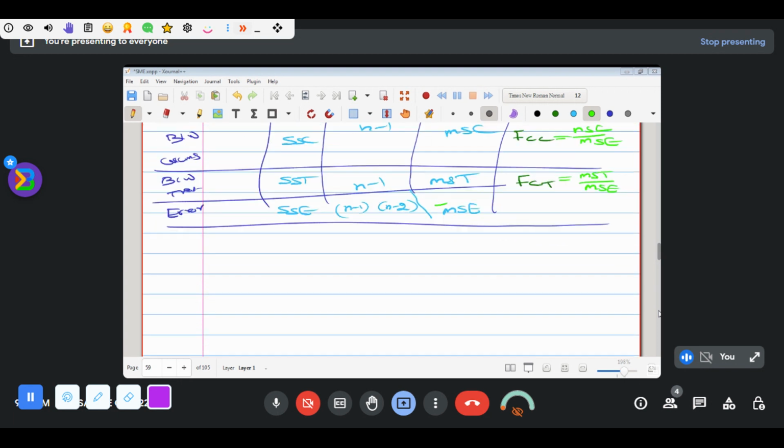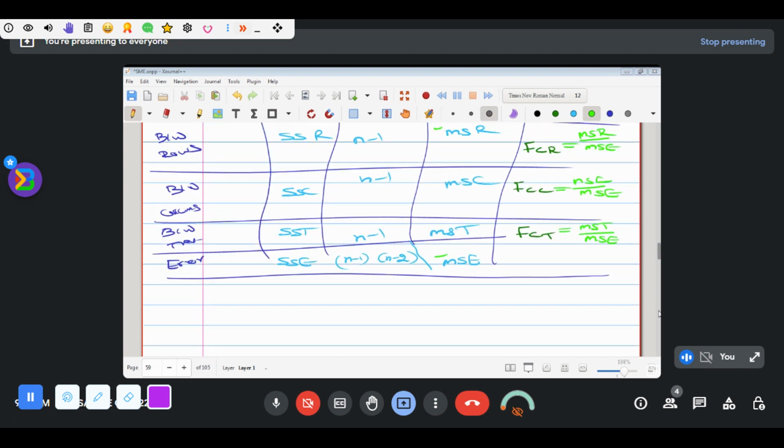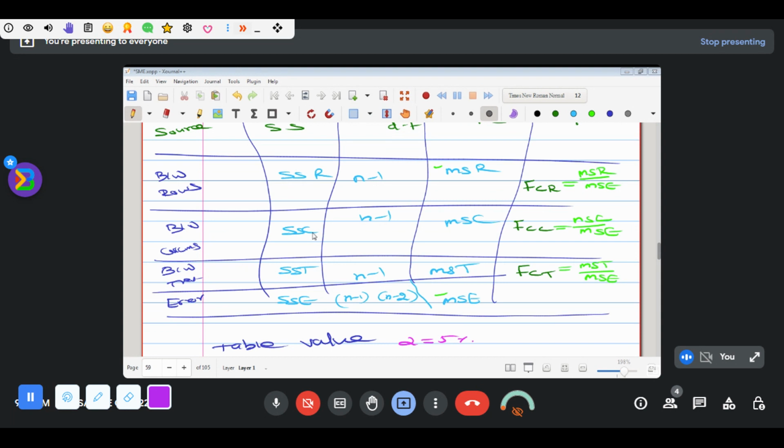And the same idea for the table value. What is the table value here, at the alpha level? Three parts are there. The first part is the F table value for rows. Alpha we take as 5%, and we take three different values. The degrees of freedom n minus 1 is of no use here, but I will take comma 1, comma 2, comma 3, and the last one is comma 4.